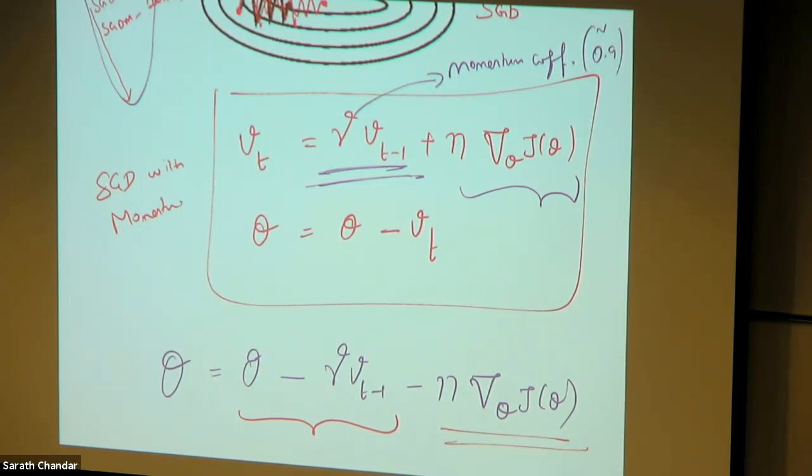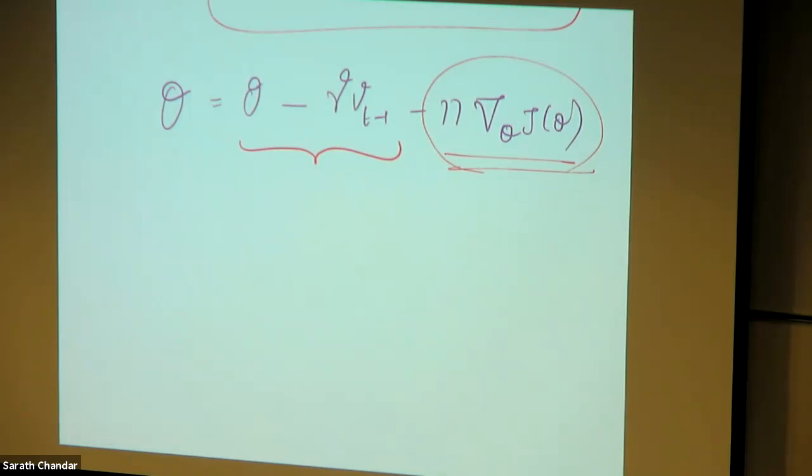So in some sense, it gives me an idea of where I'm going to be in the future. Instead of computing this gradient with respect to my current parameters, I can compute this gradient with respect to my future parameters. Okay, so how do I do that?